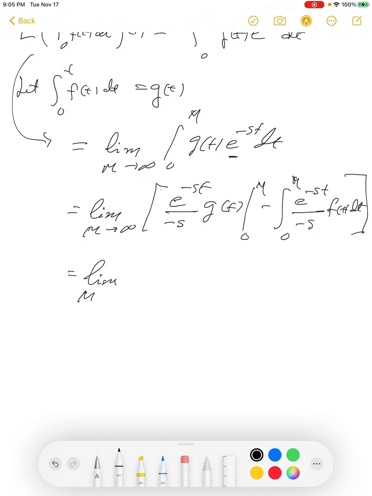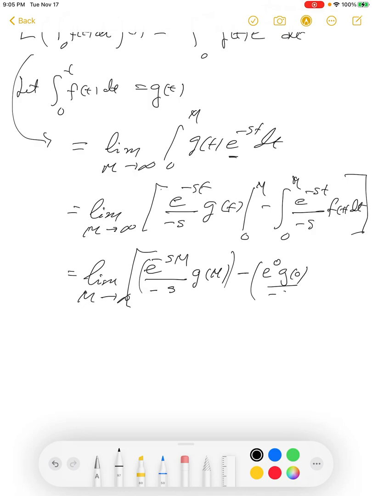So this is going to be the limit as m tends to infinity of e to the minus sm by minus s times g(m), minus, when you evaluate at 0, e to the 0 g of 0 by minus s, and then you are going to get plus 1 over s times the integral from 0 to m of e to the minus st f(t) dt.